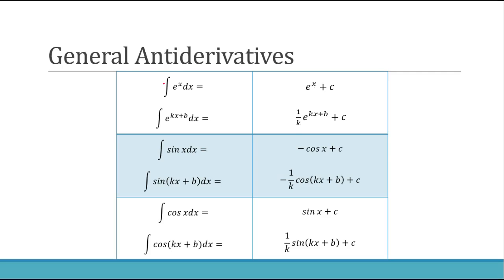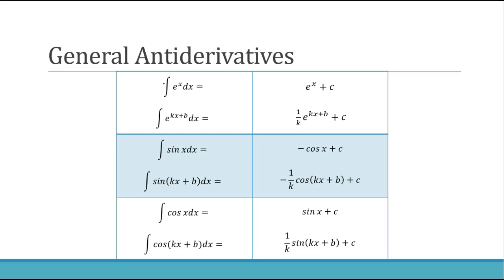So here what would happen if I took the derivative of this side, I would have to apply the chain rule, and I'd get that k being multiplied in the front to cancel with the 1 over k. So this is kind of just a unique form of the integral of e to a linear function in the exponent.